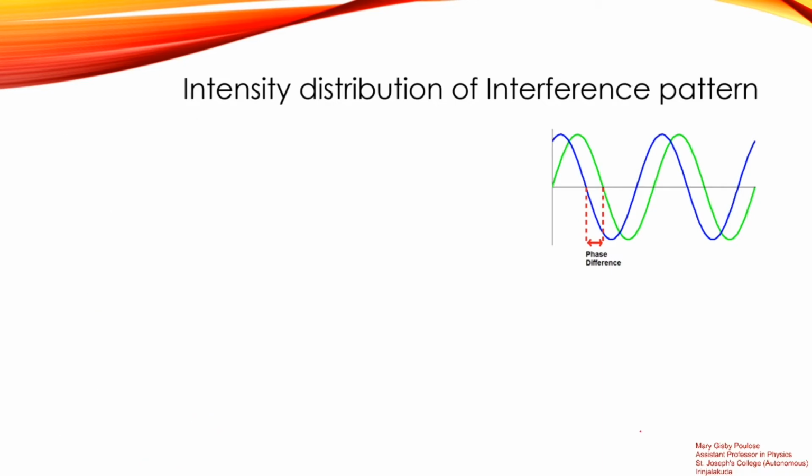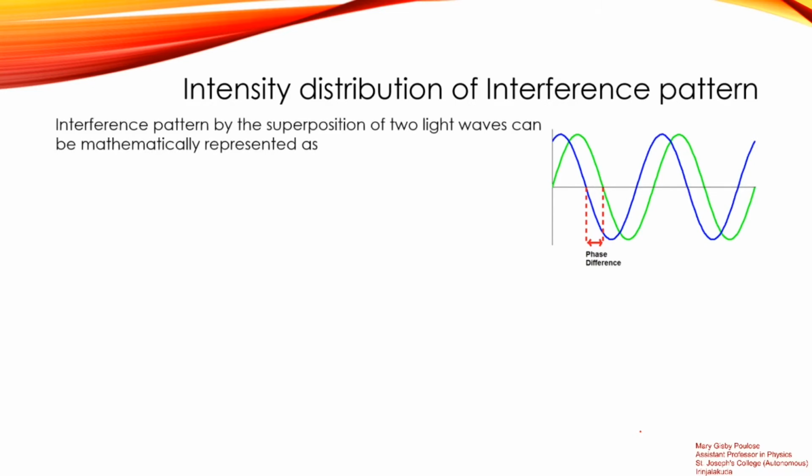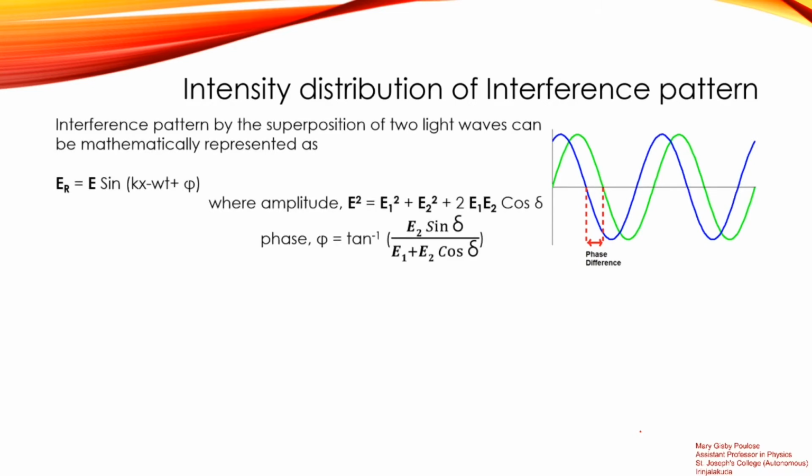Thus, the intensity distribution of the interference pattern due to two light waves can be summed up as E_R = E sin(kx − ωt + φ), where the amplitude E² = E1² + E2² + 2E1E2 cos δ, and the phase φ = tan⁻¹ [E2 sin δ / (E1 + E2 cos δ)].